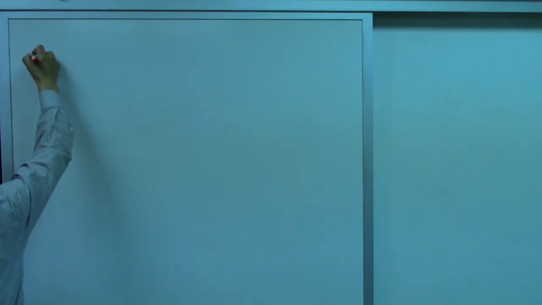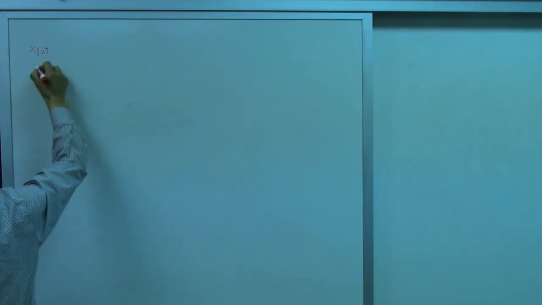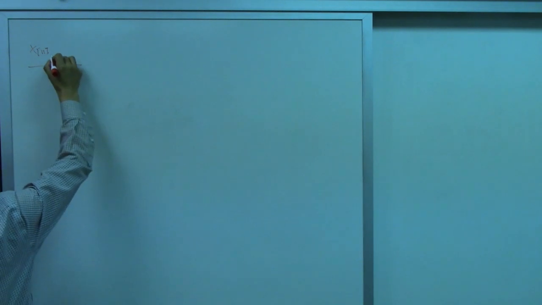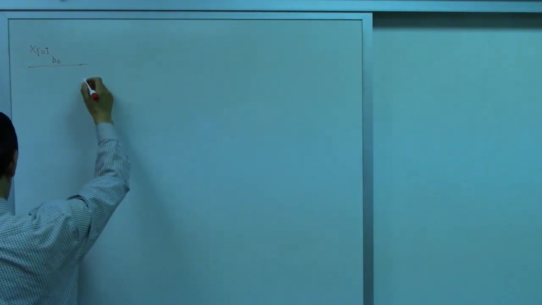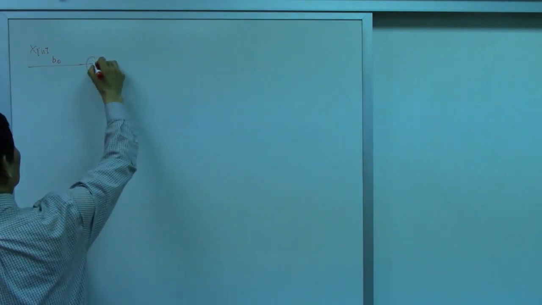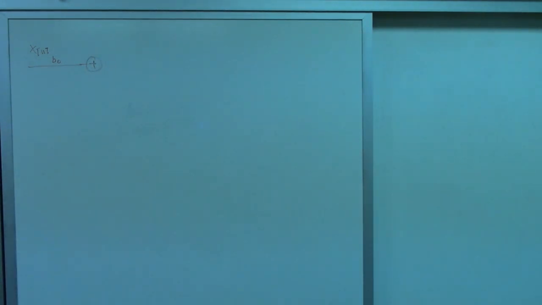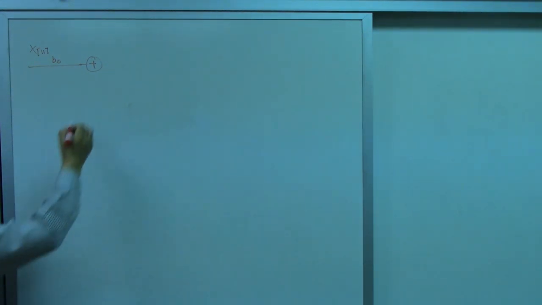So this is x[n], the input. The first one is multiplied by b0, the first term. Then we are going to add some term. And we need to have a unit delay of the input.